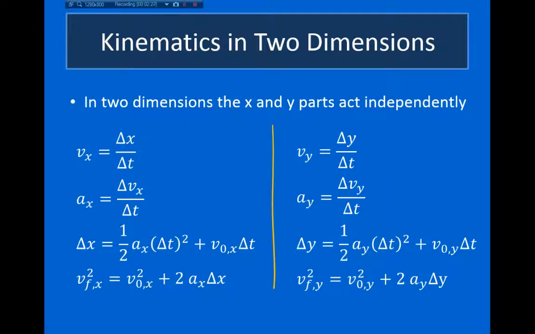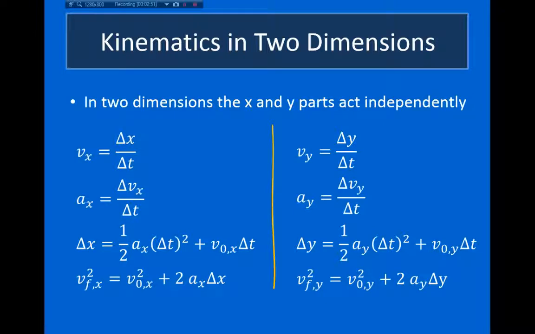And the thing I want to point out about this is that the equations which describe the x component of the motion don't depend at all on what the y component's doing, right? So here we've got the x component of the velocity and delta x. We've got the acceleration in the x direction and the change in the x component of the velocity. So we've got all these delta x's, vx's, ax's, but nowhere here on the left does y make any appearance.